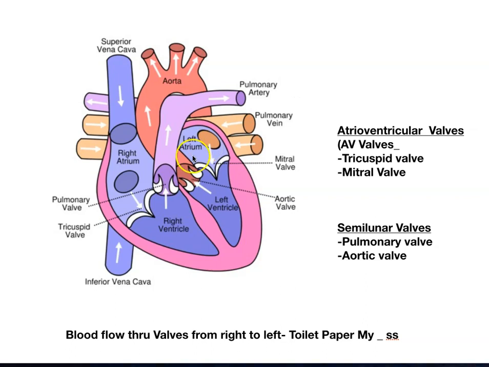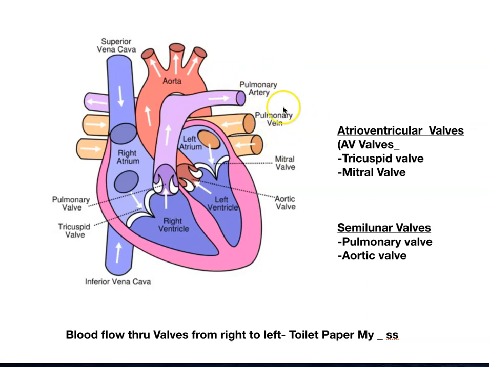So what you need to understand, we're calling these pulmonary arteries. A lot of people think, oh, arteries always have oxygenated blood. Always remember the definition of an artery. It's taking blood away from the heart. So this pulmonary artery, it's deoxygenated blood.